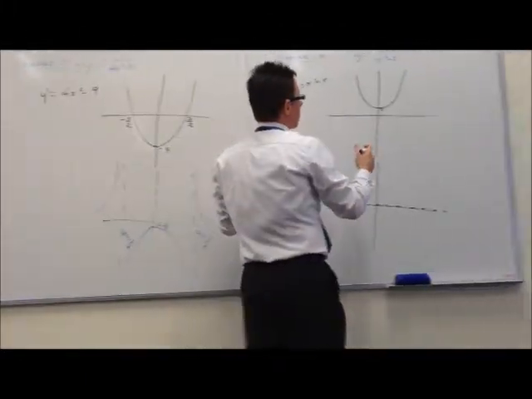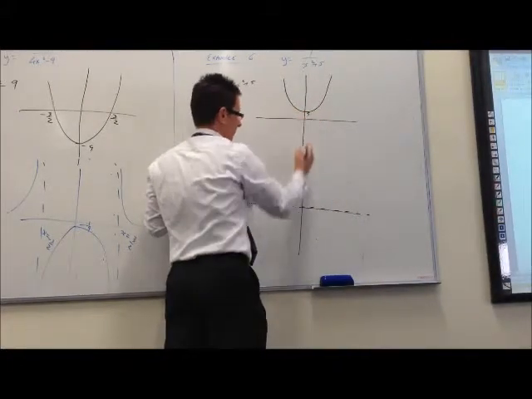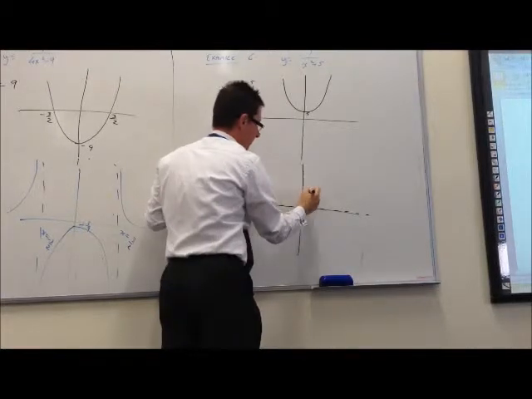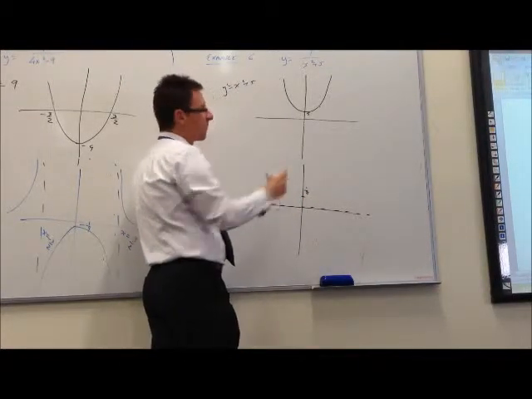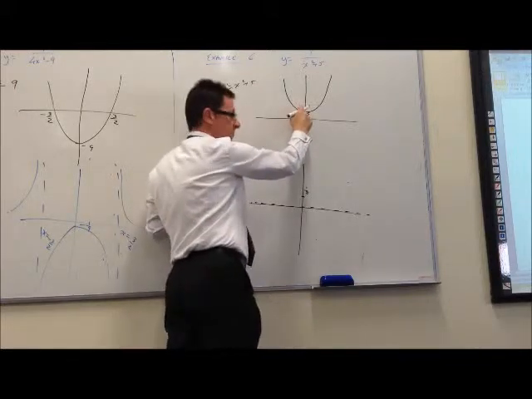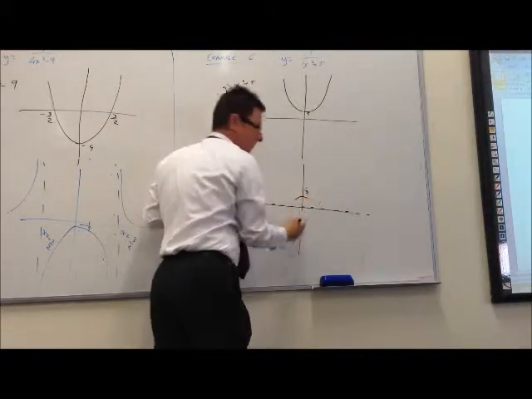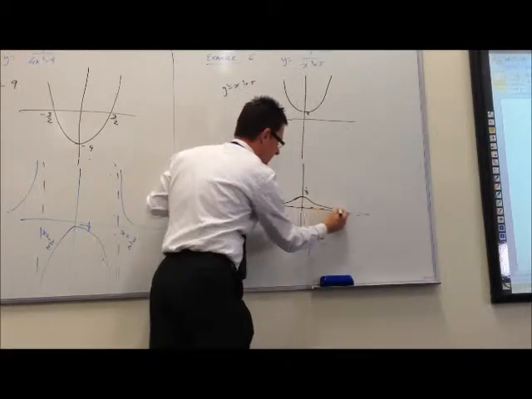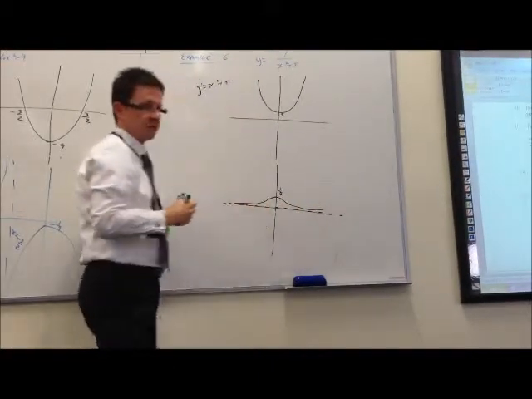What about the 5? The reciprocal of 5 will become 1/5. If that was a minimum, it has to become a maximum. And then I just draw a little bump. There's your function.